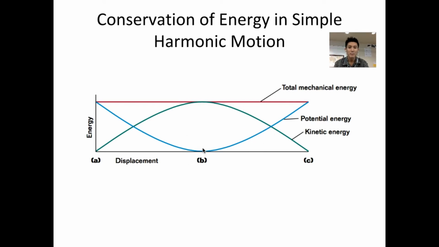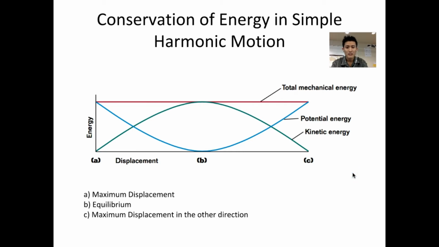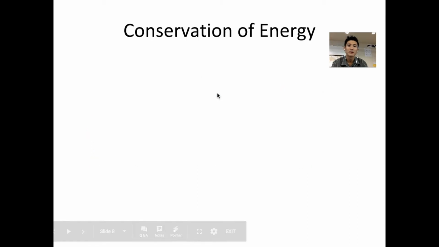So notice here the maximum kinetic energy and the least potential energy is at that middle point where the mass reaches the equilibrium point. But throughout the situation, the total mechanical energy is conserved. There's no loss of energy, conservation of energy. Notice here maximum displacement in the other direction, and B is the equilibrium point.